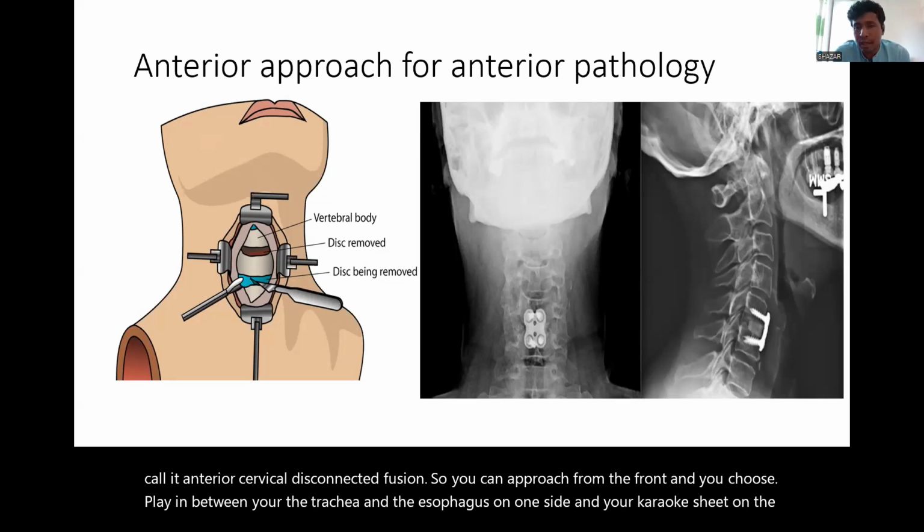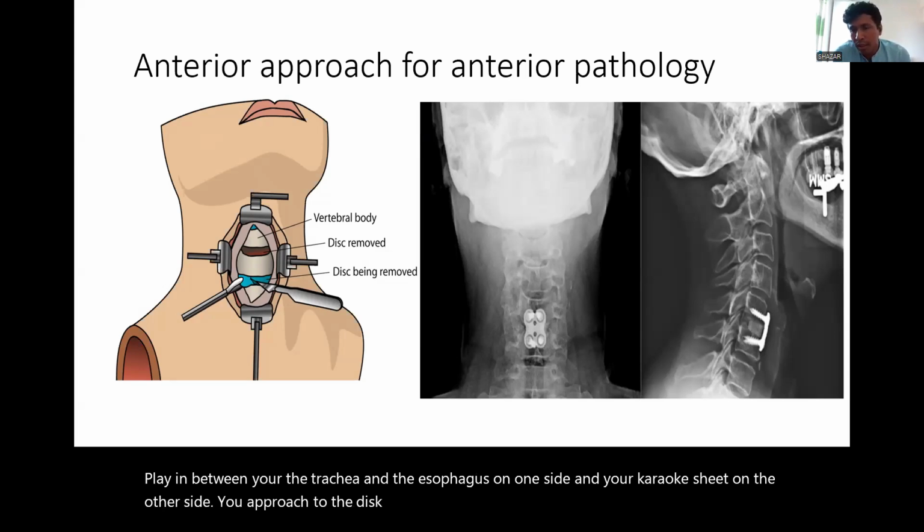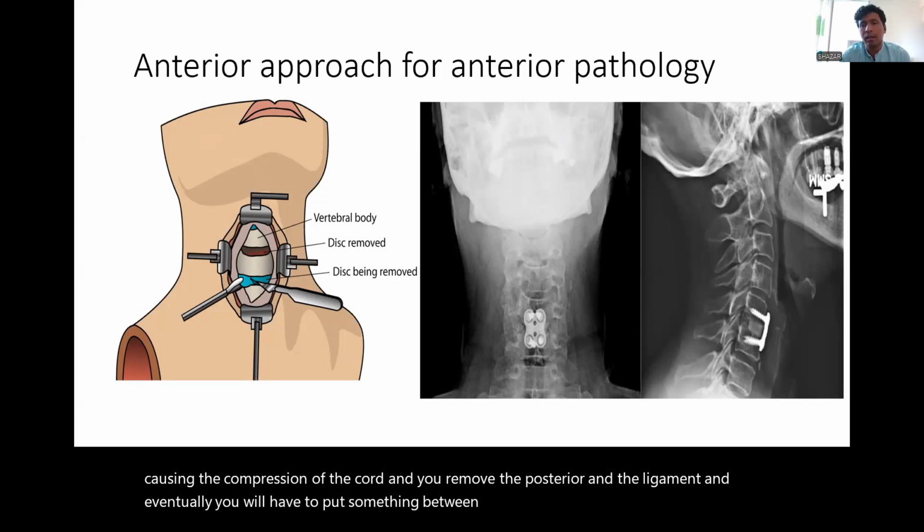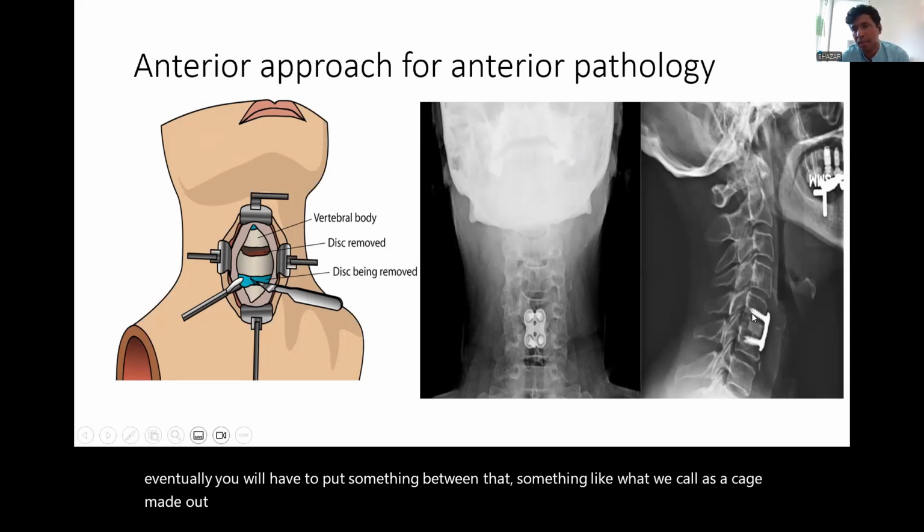You approach the disc and remove all the disc from the front, which is causing the compression of the cord, and you remove the posterior longitudinal ligament. Eventually you put something in between, what we call a cage, made of various elements, which will eventually give rise to fusion, helping these two bones unite together and cause stability.